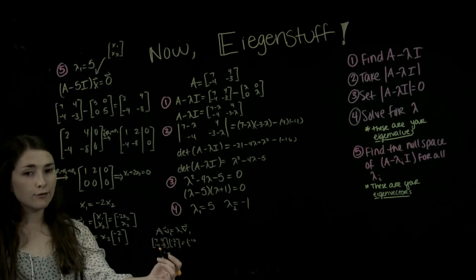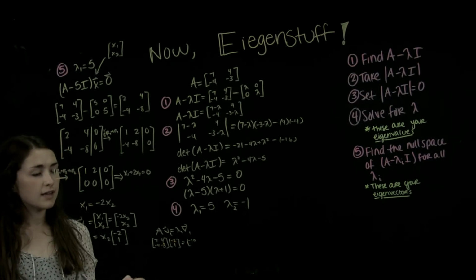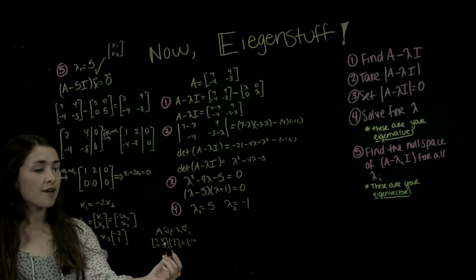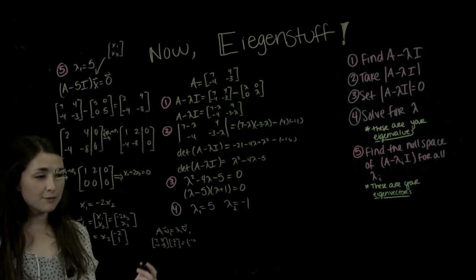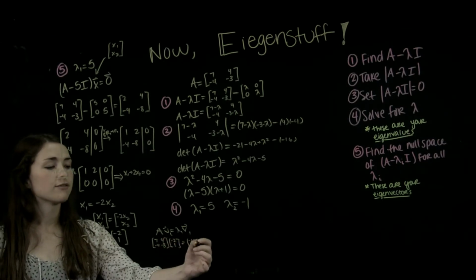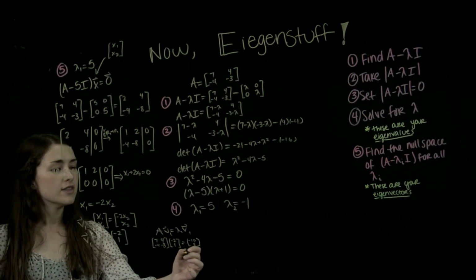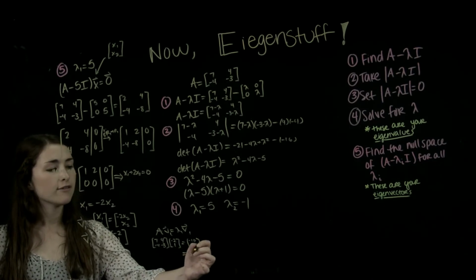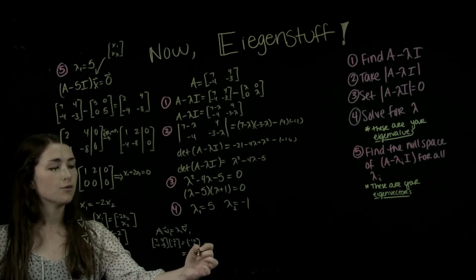We're going to have negative 4 times negative 2, which is 8, plus negative 3 times 1, which is negative 3. So we're going to have 8 minus 3, which is 5. So we notice that this is equal to 5 times negative 2, 1.